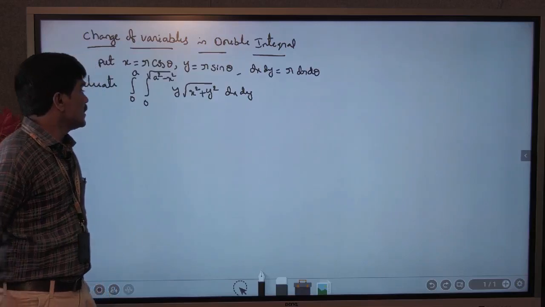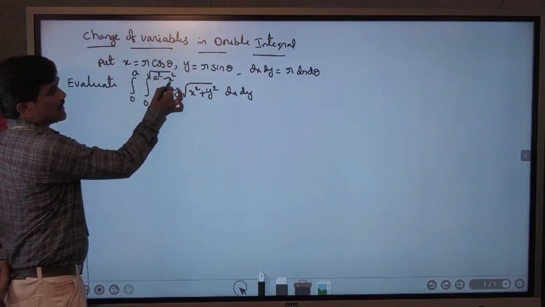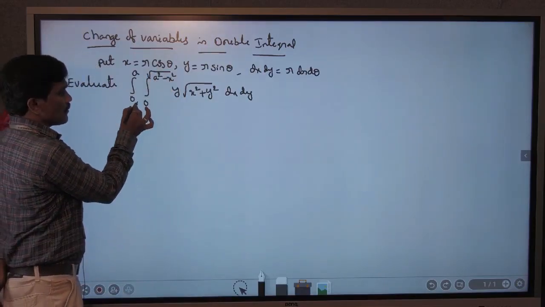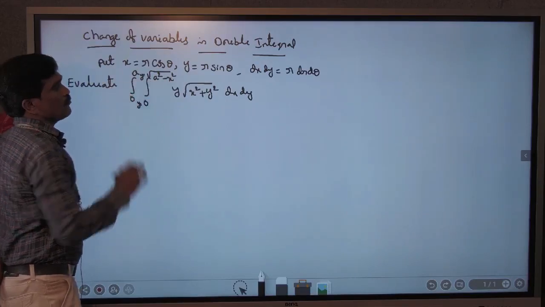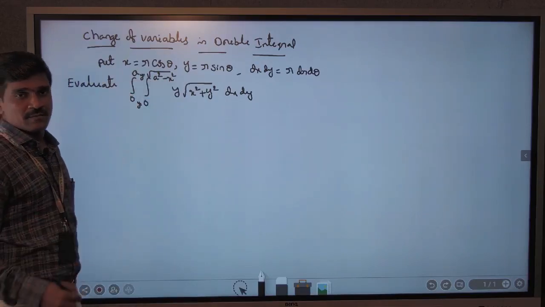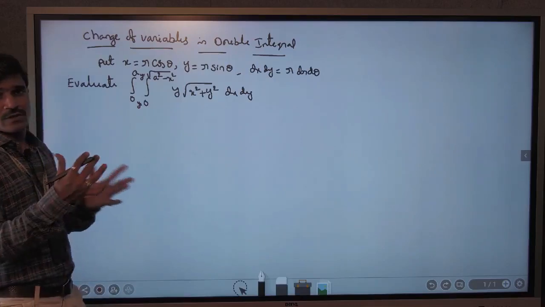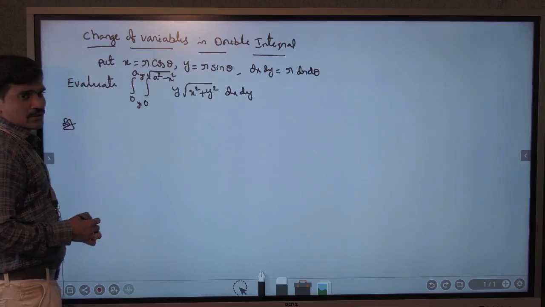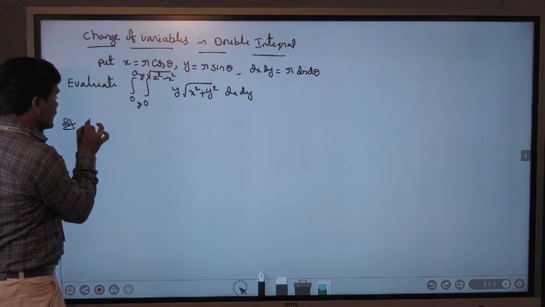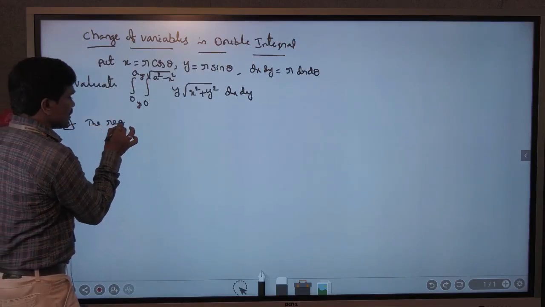Here the limits are in x, and these are the y limits. So y is equal to 0 to y is equal to square root of a square minus x square. First of all, write what the given limits are. Now, the region of integration, what is the region?